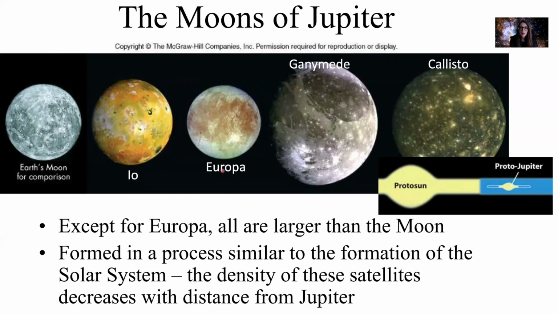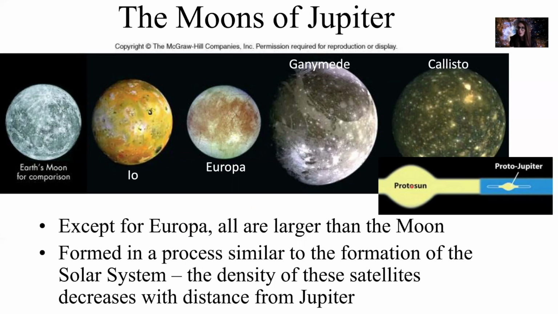Except for Europa, all of these moons are bigger than our own moon of the Earth. And they're formed in a similar process to the formation of our solar system. And the density of these satellites decreases with distance from Jupiter, kind of like how the planets in our solar system generally tend to decrease with density as we get further away from the sun.